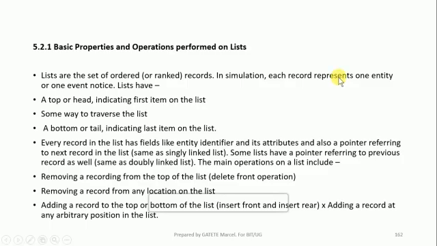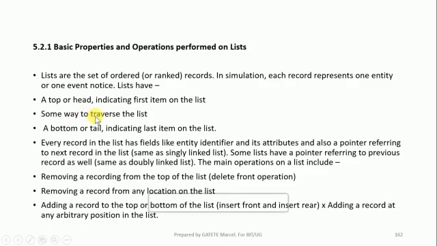It is almost the same as in a database. We can have a list of customers stored in the database, where one record provides information about one customer or one student, for example. At the top, or head, we have the first item on the list. The first customer will go at the top.